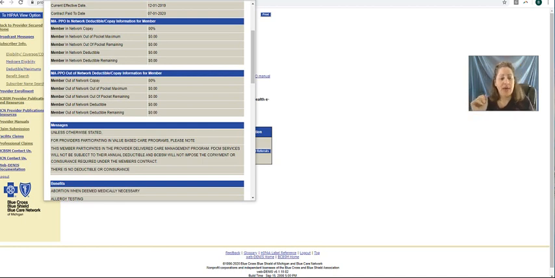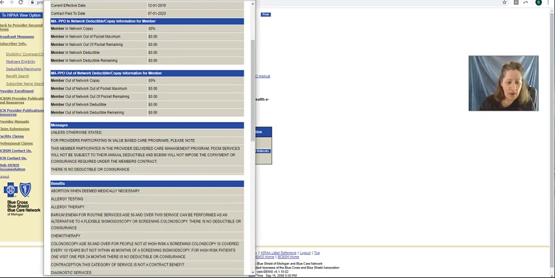Okay, I went ahead and pulled this patient's insurance benefits up to this point. If I had shown you me pulling it up, we would have violated HIPAA. But at this point, this is an anonymous screen so that you aren't seeing who this is. So this is actually a Medicare Advantage plan.